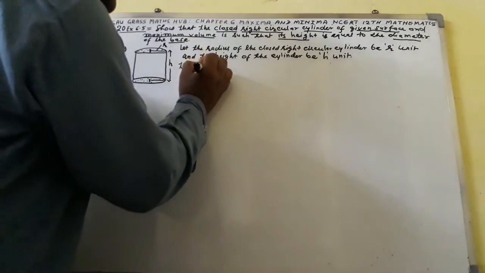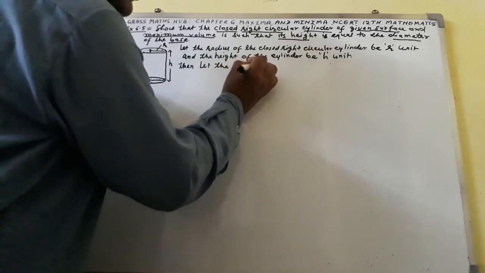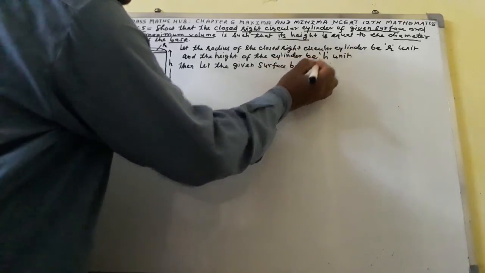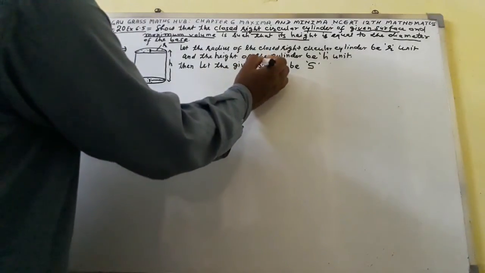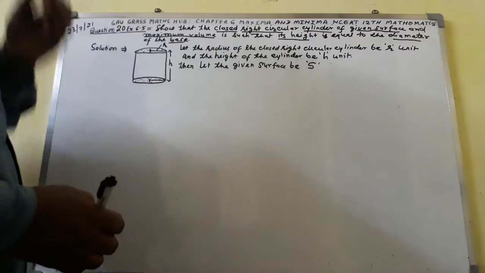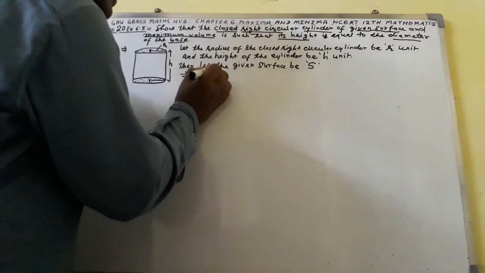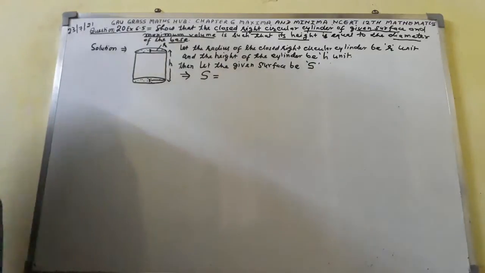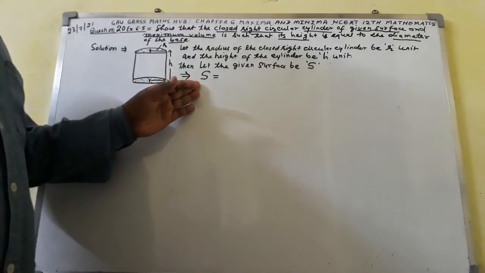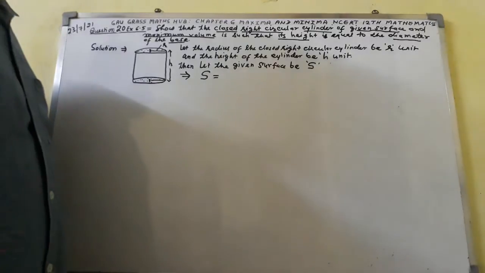Let the given surface area be capital S. Here I shall write: capital S means the total surface area of the cylinder.